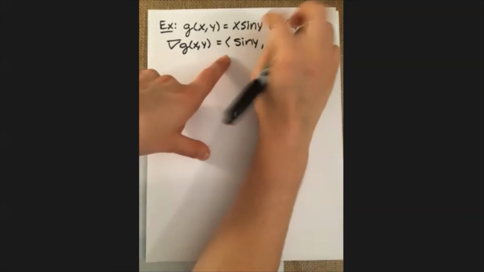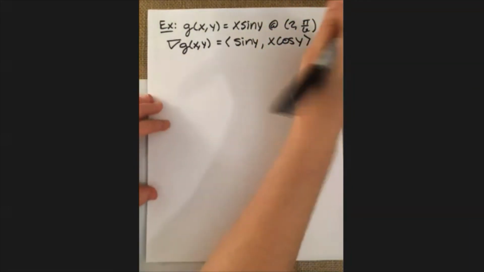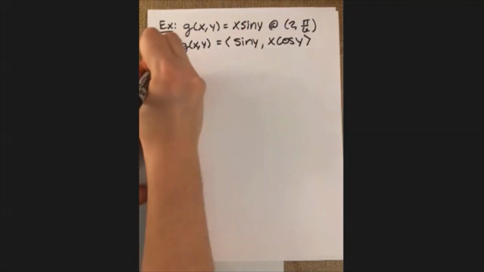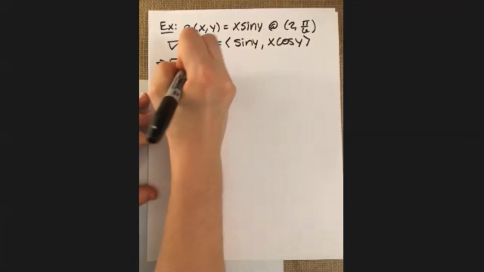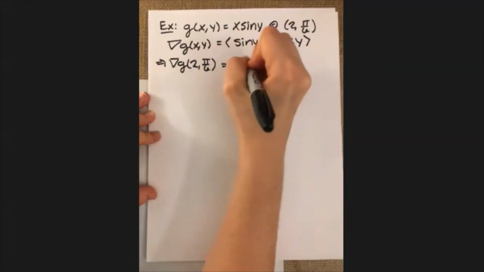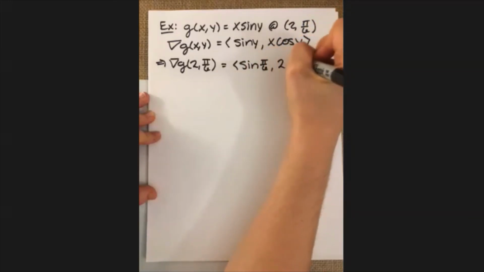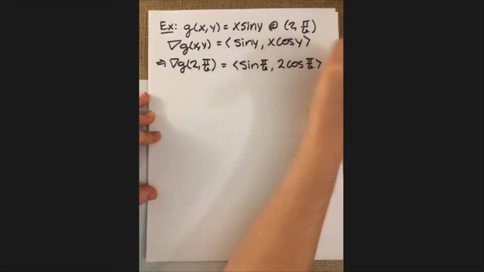And the partial with respect to y is just x cosine of y. All we got to do is plug in these points. So we're going to have sine at pi over 6, and then 2 times cosine at pi over 6.